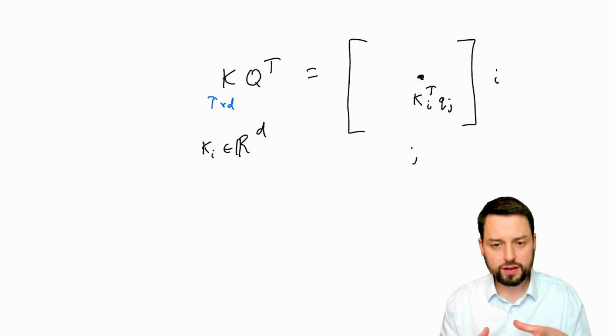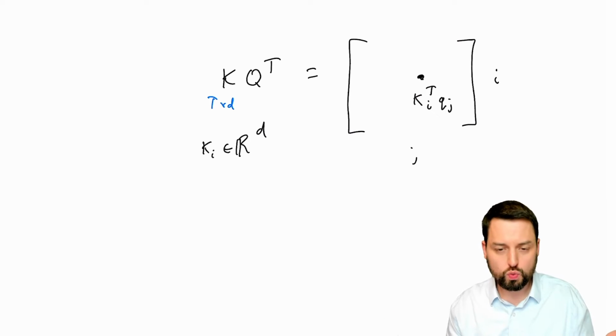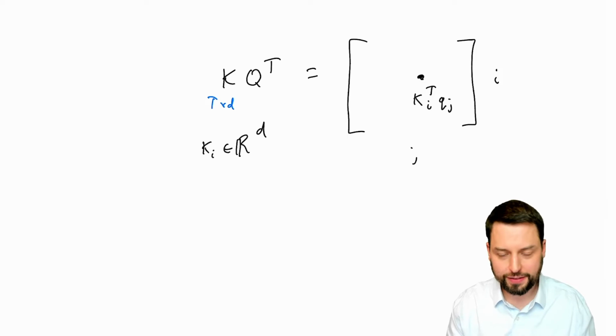And you're using a d-dimensional inner product to ultimately compute one number, which is used to weight these things together.